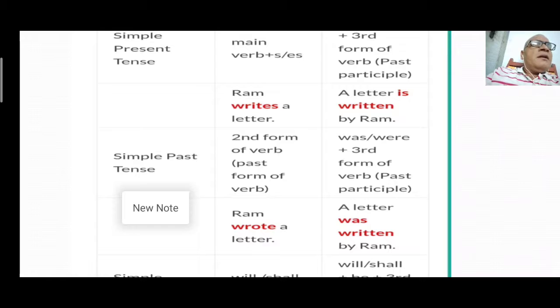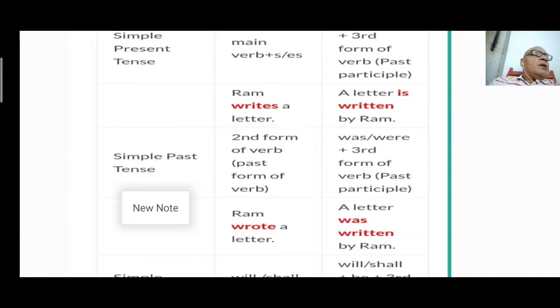For example, they is a plural form. They are going to college. Are is a plural verb, a plural be form. For plurals, we use are. They are, we are, students are, children are.